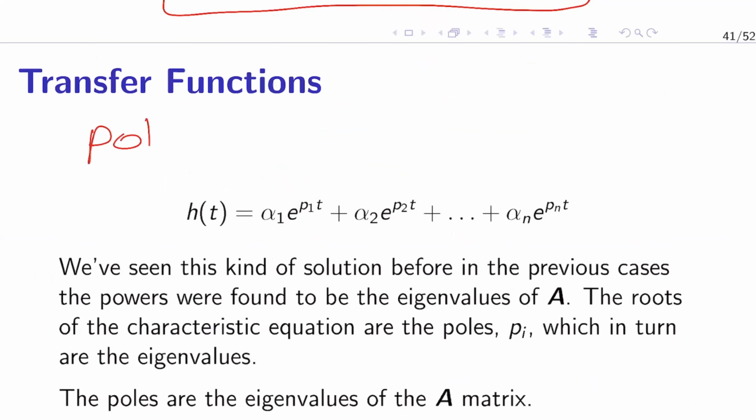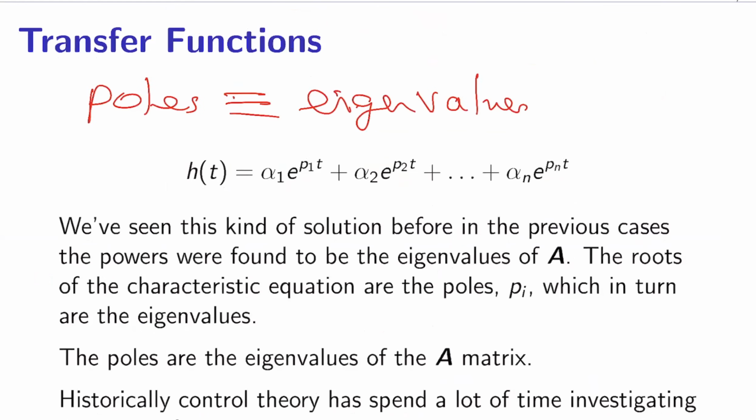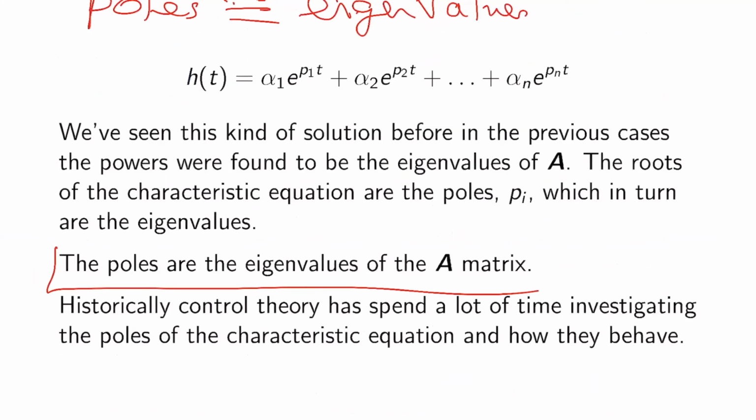Therefore, the poles are the eigenvalues. Engineers like to call them poles. Mathematicians like to call them eigenvalues. I'm sure there are other people that call them different things as well, but the poles and the eigenvalues are the same thing. So the poles are the eigenvalues of the A matrix.